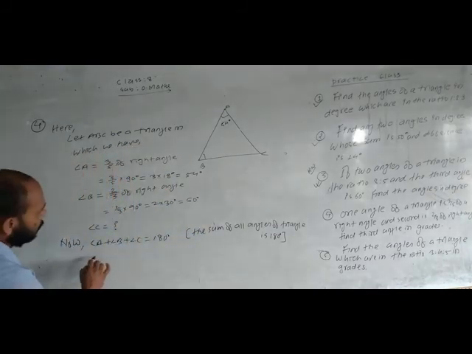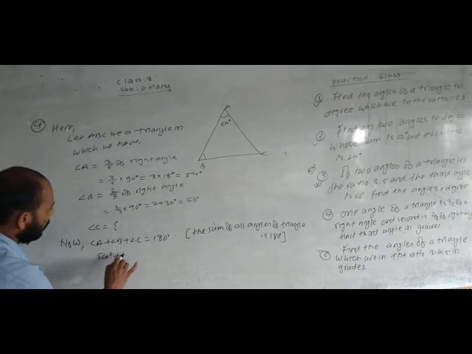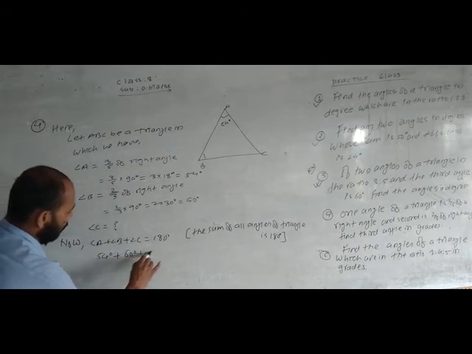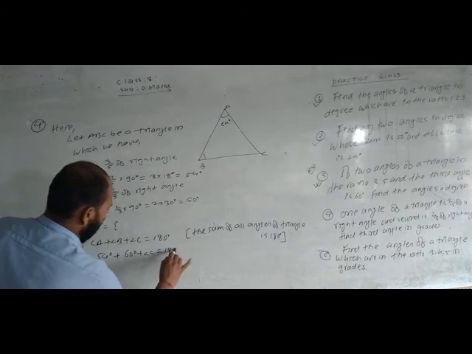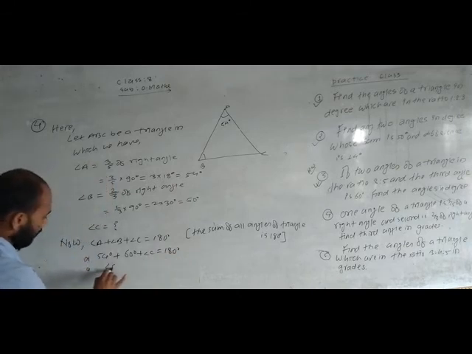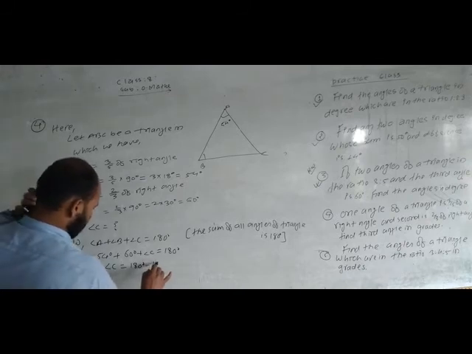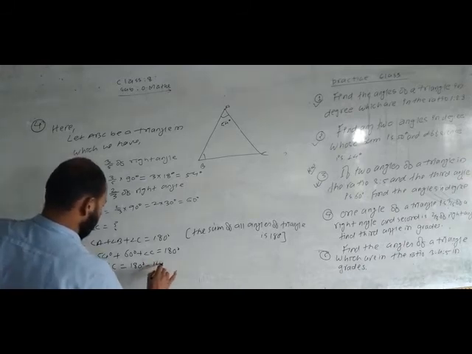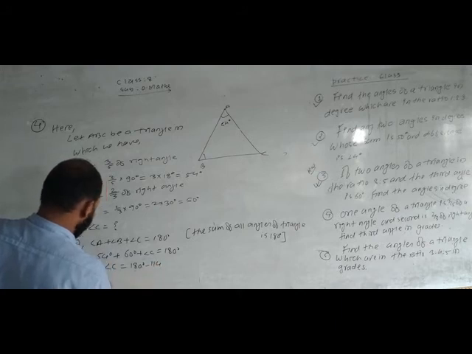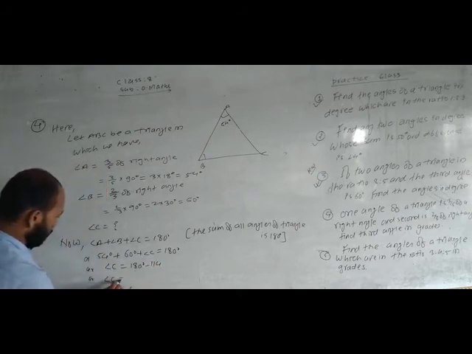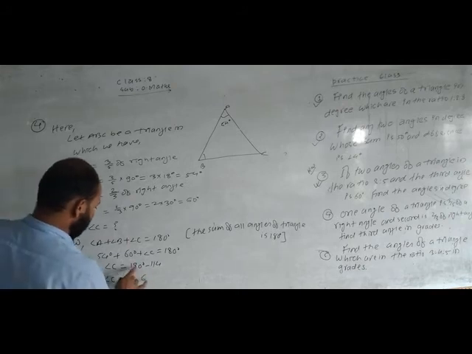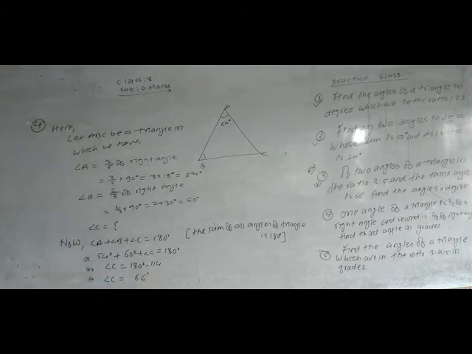Where angle A is 54 degree, angle B is 60 degree, and you should find angle C. The angle C is equal to 180 degree minus 114 degree, which is 66 degree. Okay, write down.